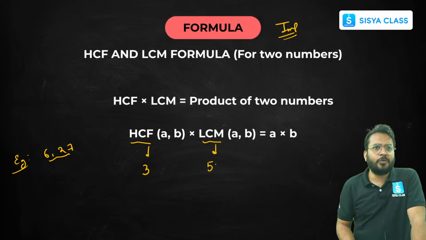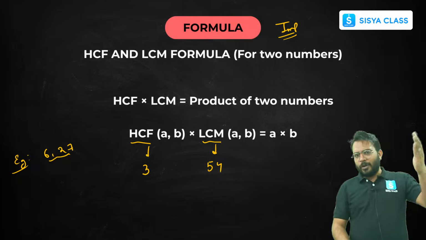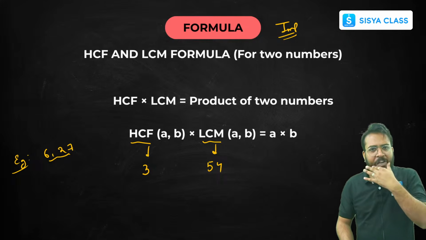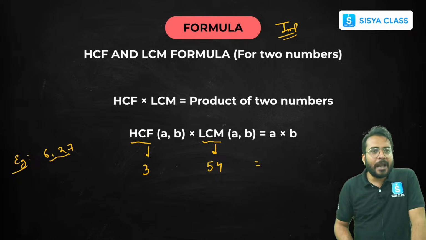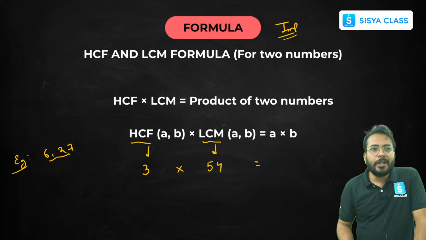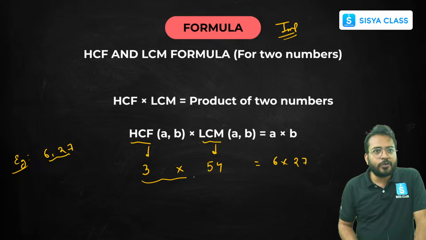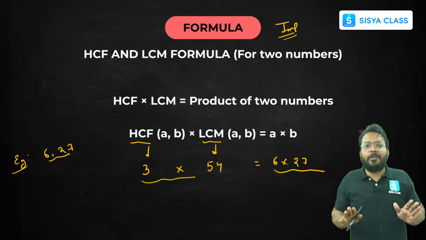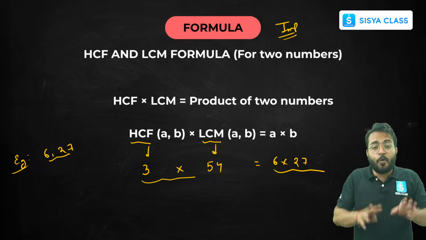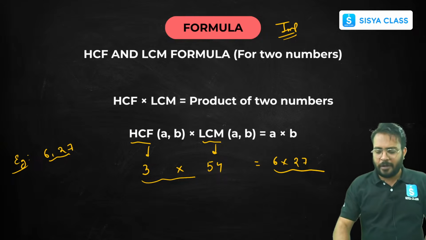Yes, it is going to be 54. You can just find out the LCM of 6 and 27. If you multiply them, it is going to be equal to the product of these two numbers, definitely. Just multiply these two numbers and those two numbers, they are going to be exactly the same. And it is going to be true for any two numbers.